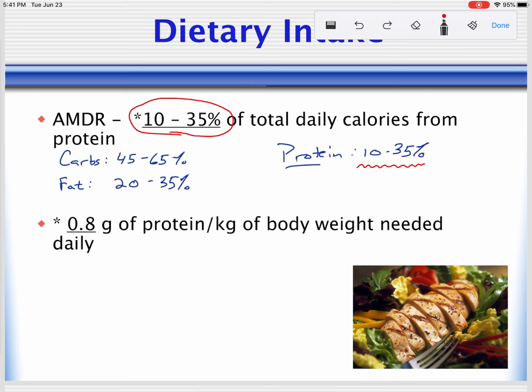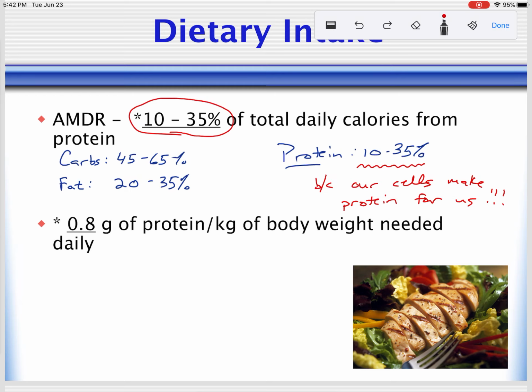But the reason why we may only need 10 to 35% of our diet from protein is because our cells make protein for us, as I just talked about. Remember those 11 non-essential amino acids? Our cells are little protein-producing factories.